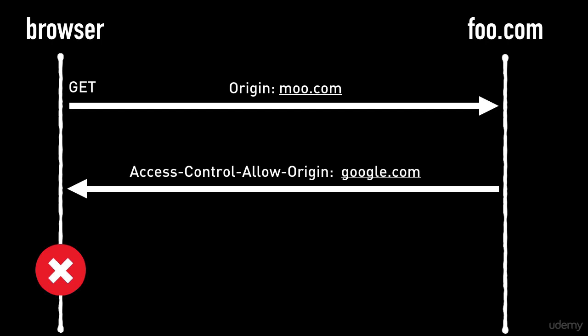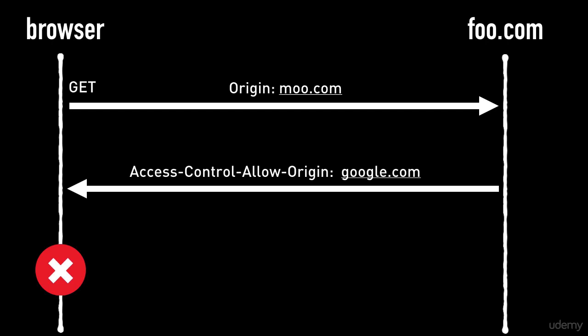But that doesn't help us, because by the point that the response is blocked, foo.com has already made changes to its database because we issued a PUT. So for GETs, this method of CORS works, but for PUTs, POSTs, and DELETEs, things that actually change data on the server side, because we're only blocking the response, it's not stopping those requests going out, which kind of defeats the purpose of blocking anything, I suppose.